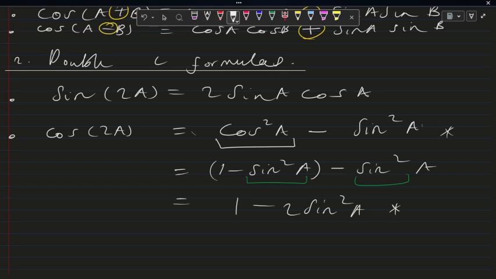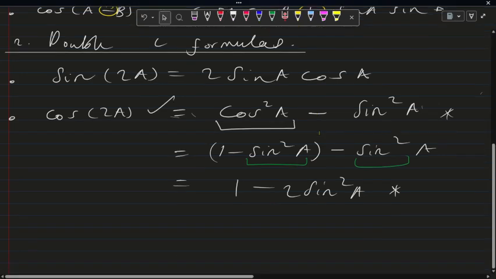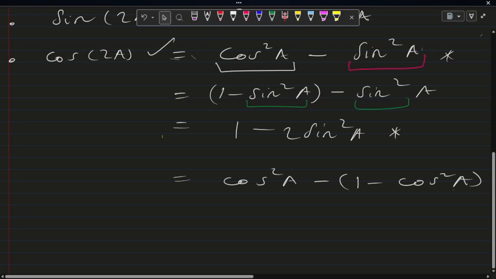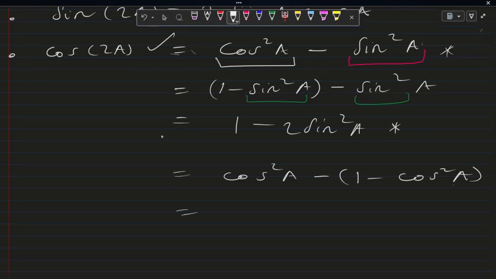So this is another version of this formula. The very same thing can be done if we replace sine squared a with 1 minus cos squared a. We have cos squared a minus, open bracket, 1 minus cos squared a.